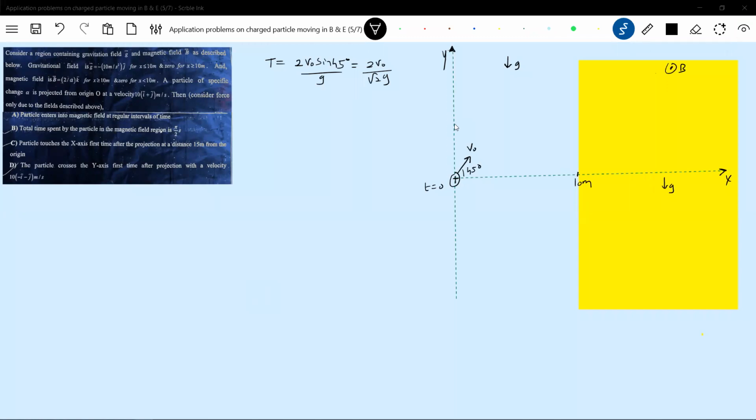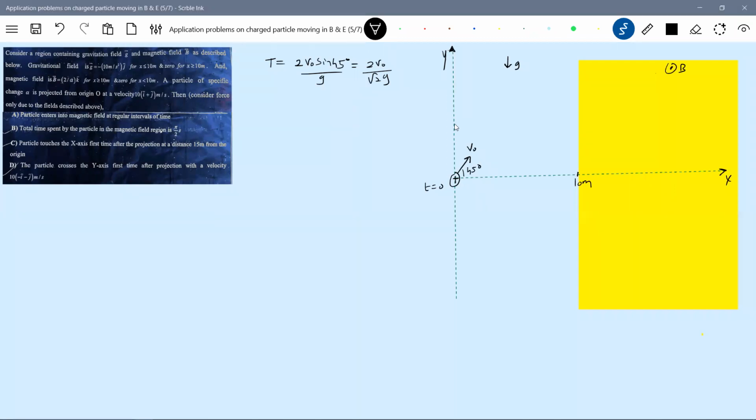No g, okay, I'll remove this. There's no gravity for x greater than 10. Okay, I'll indicate that. Now, let me highlight it so that it'll be very easy for me to read.